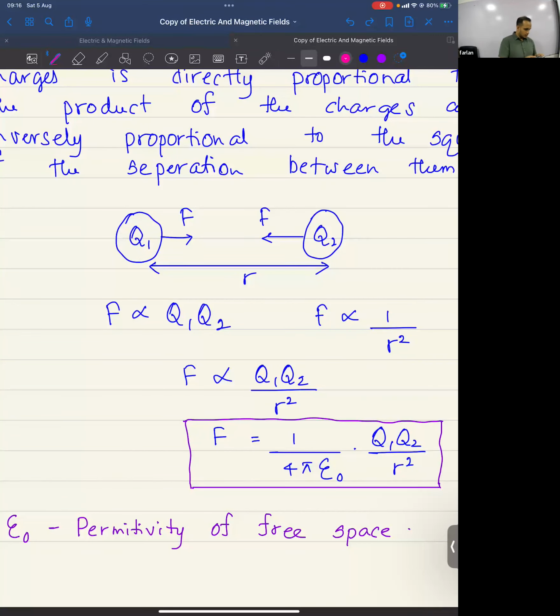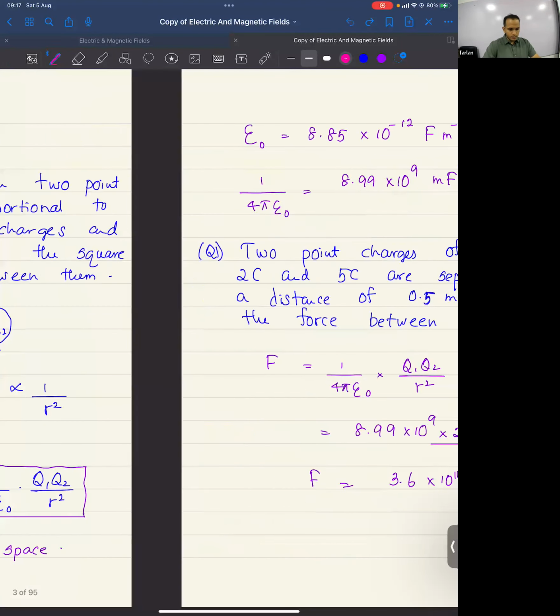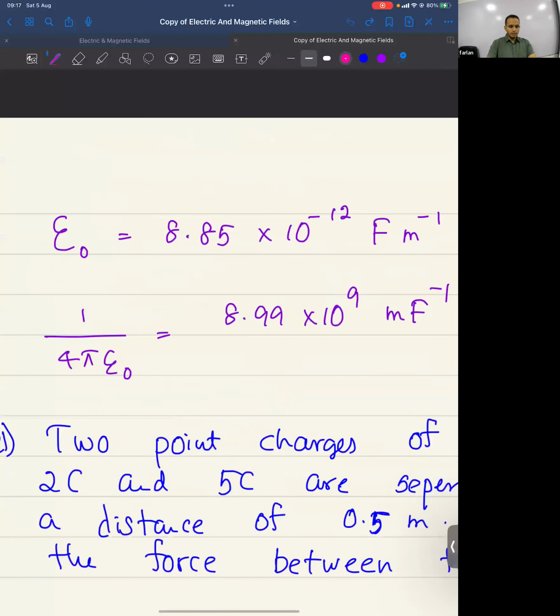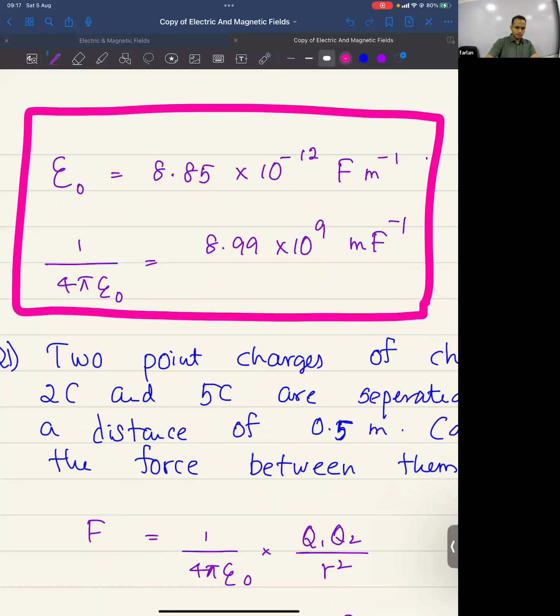Guys, check for the constant number 32. What is the value? 8.85 into 10 to the power minus 12. So the value of epsilon naught is 8.85 into 10 to the power minus 12. What is the unit?